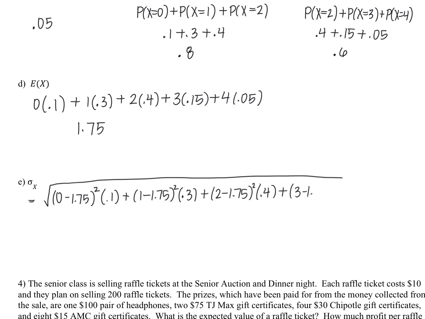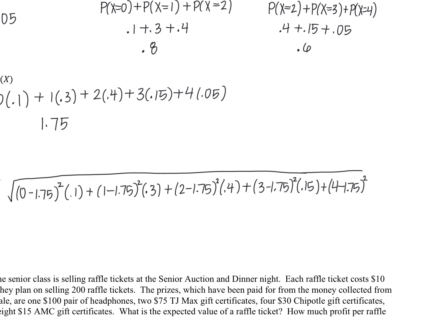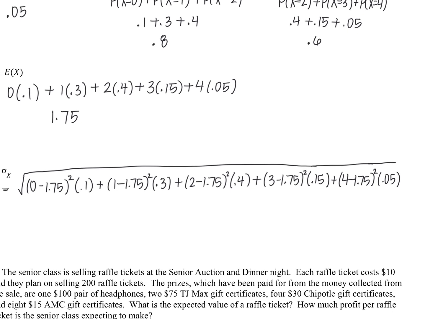Then 3 minus 1.75 squared times 0.15. And then lastly, 4 minus 1.75 squared times 0.05. Like I said, not something I'm likely to ask you to do on the quiz. So that's going to give us 0.9937. So that tells me that I can expect the number of visits to the dentist each year to vary by 0.9937.